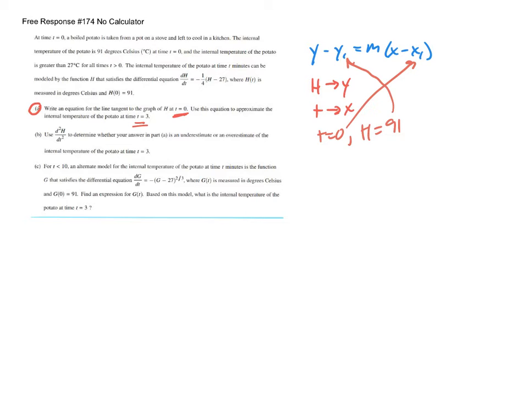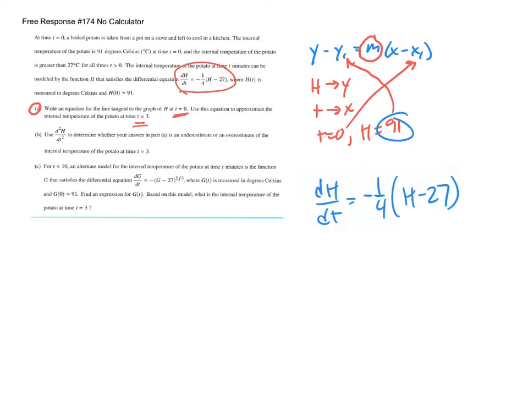What we don't have is the value of the slope. But you know as well as I do that the way you figure out slope is just with a derivative. And we do have the derivative right here. Our derivative formula is dh over dt equals negative 1/4 times h minus 27.